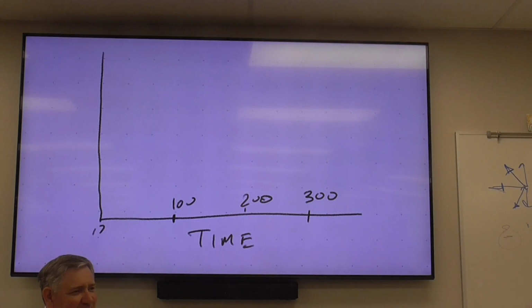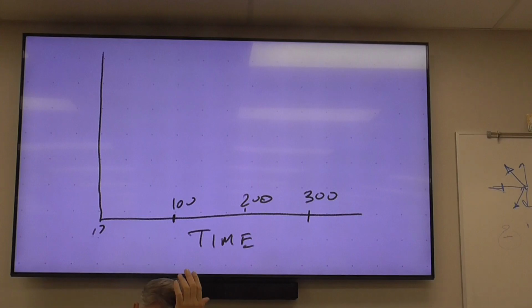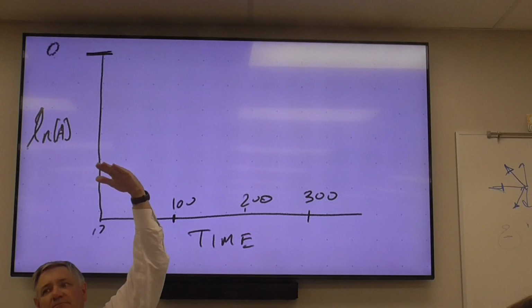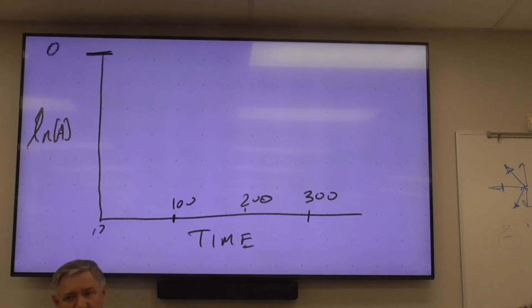Most of the time, this. Okay. Now, if you're going to do natural log, we'll do that one first. When you do this, imagine that you're starting up here at 0, because your natural log is going to be negative values, okay?